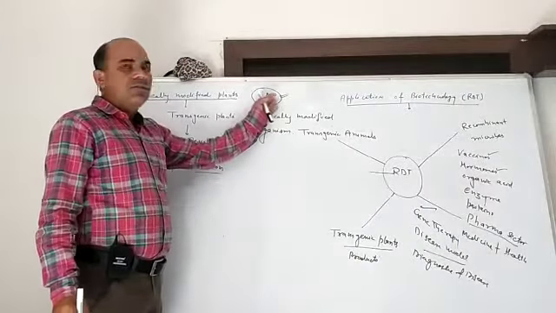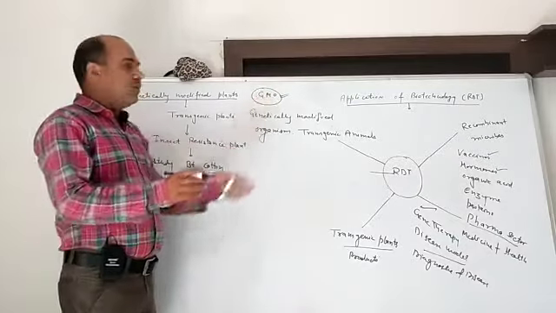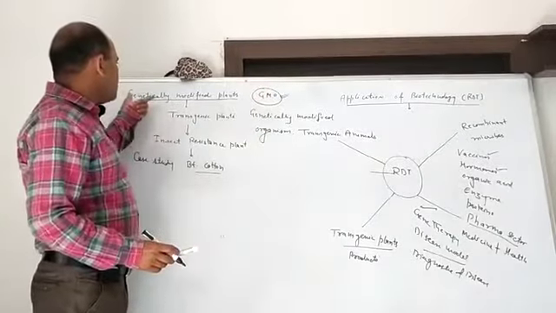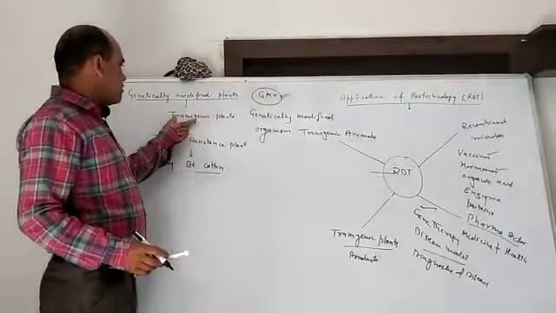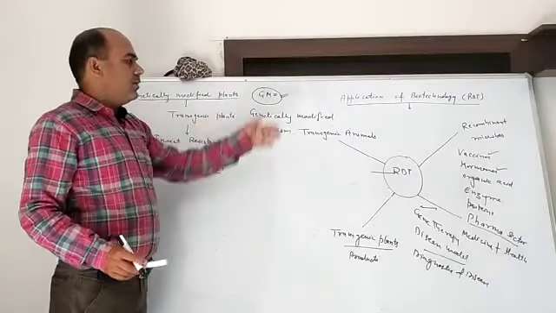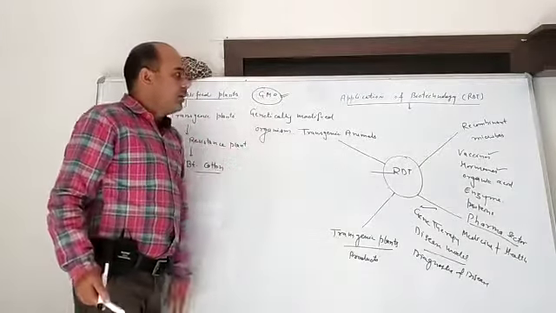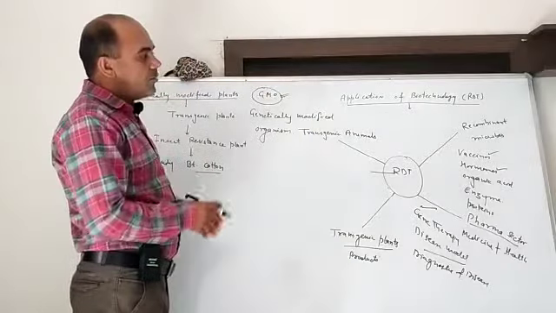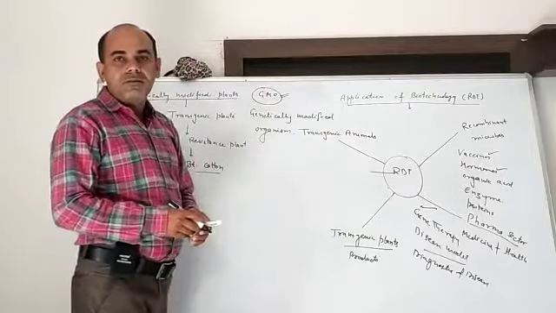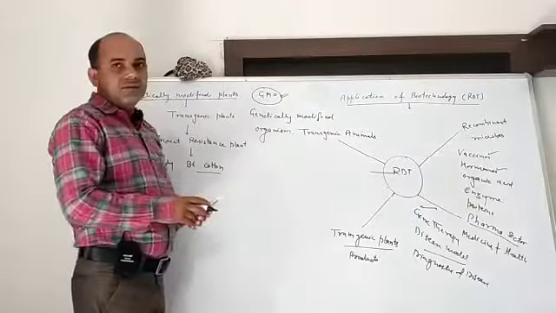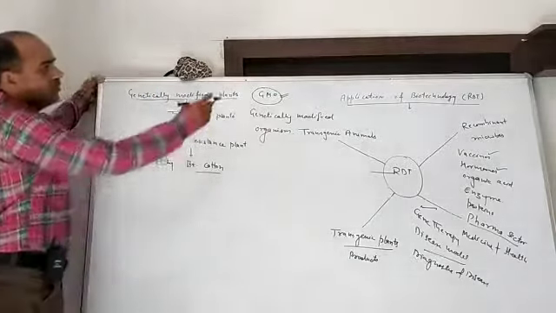In short, this is called GMO. It may be plants, which are called genetically modified plants. Sometimes they are also called transgenic plants. It may be animals, which are called transgenic animals. It may be microorganisms, transgenic microorganisms. So these are some applications of genetic engineering, which is also called RDT.